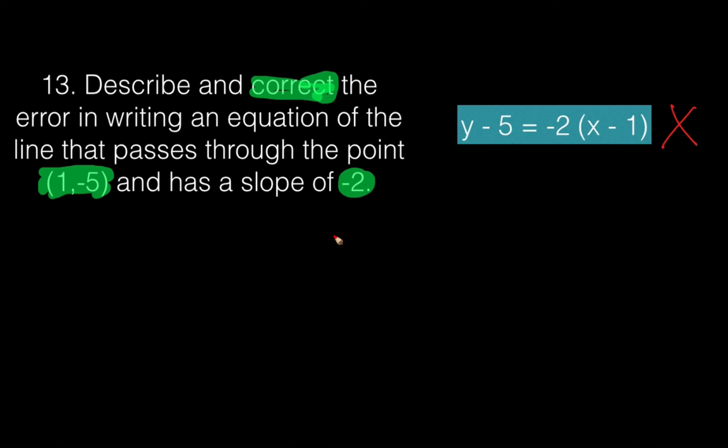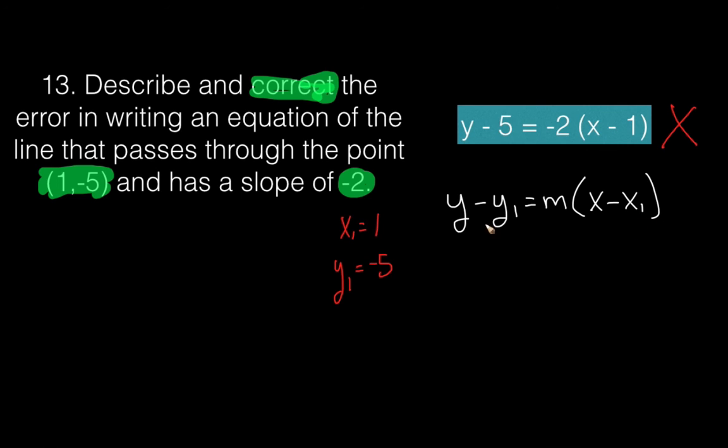We're going to take a really close look, and I'm going to look first at my point. So 1, negative 5. That means my x1 should equal 1, and my y1 should equal negative 5. And my general equation looks like y minus y1 equals m times x minus x sub 1.